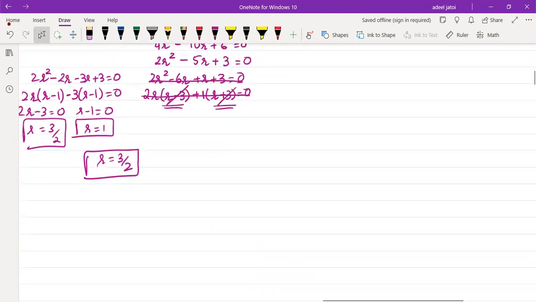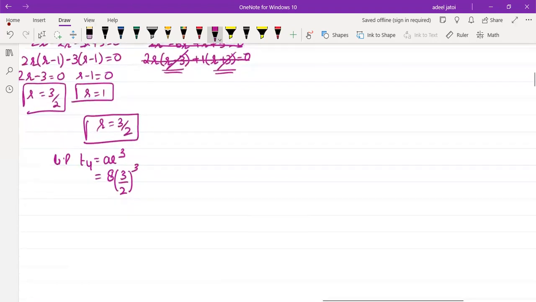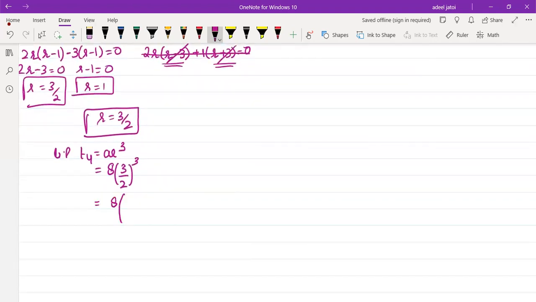In the GP, the fourth term is AR cube. So A is 8 and R is 3 upon 2, cubed.